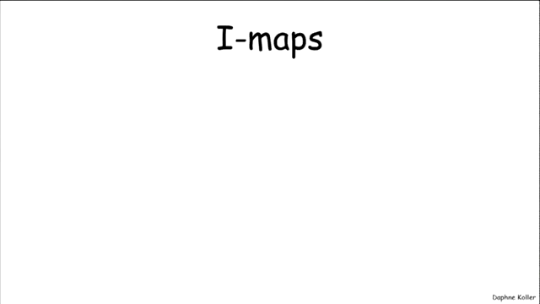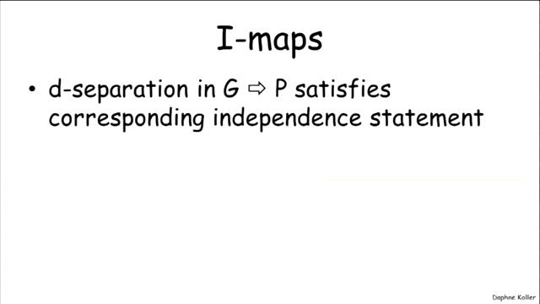So now that we've defined a set of independencies that hold for any distribution that factorizes over a graph, we're now going to define a general notion, which is just a term for this. So we define d-separation in a graph G, and we showed that when you have the d-separation property, that P satisfies the corresponding independence statement.